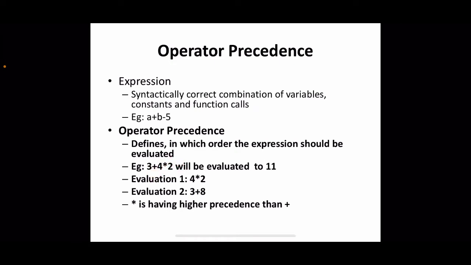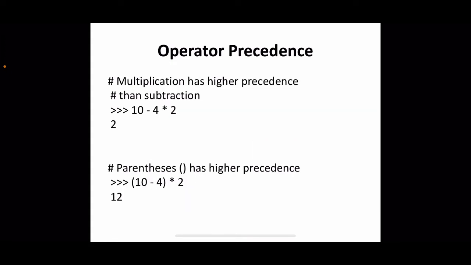Okay, so the first stage evaluation will be 4 into 2, and second, that result will be added with 3 by applying the plus operator, right? So that means star is having higher precedence than plus. Like that, every operator, the precedence level will be defined by a rule, and that should be taken whenever an expression should be evaluated.